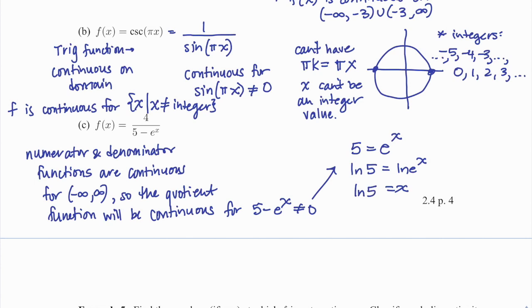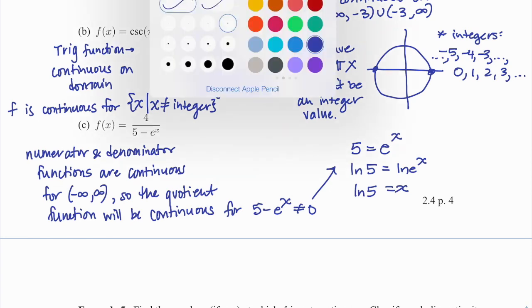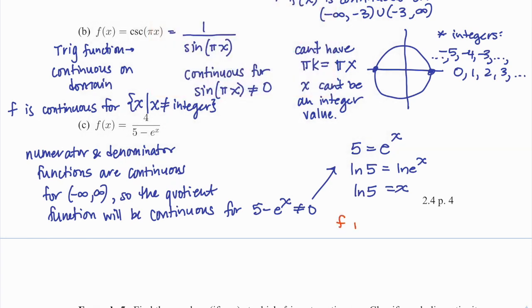So we have a problem when x is natural log of 5. Right? So our conclusion is this function is continuous on the interval from negative infinity to natural log of 5, together with natural log of 5 to infinity, and we're excluding natural log of 5 on both of those.